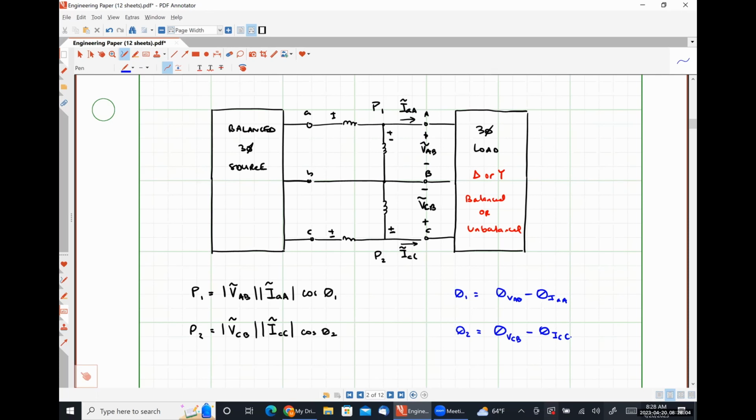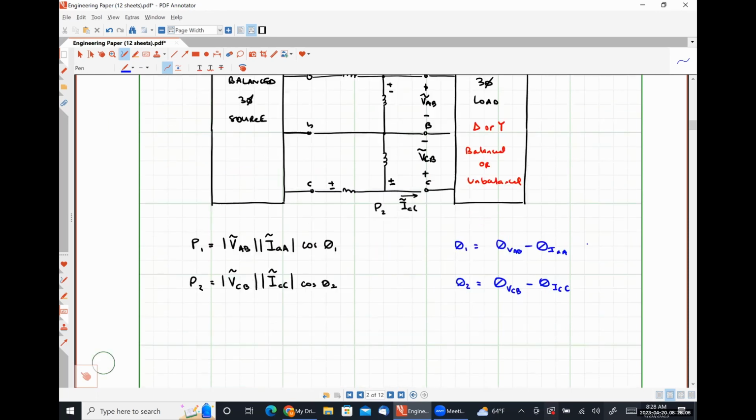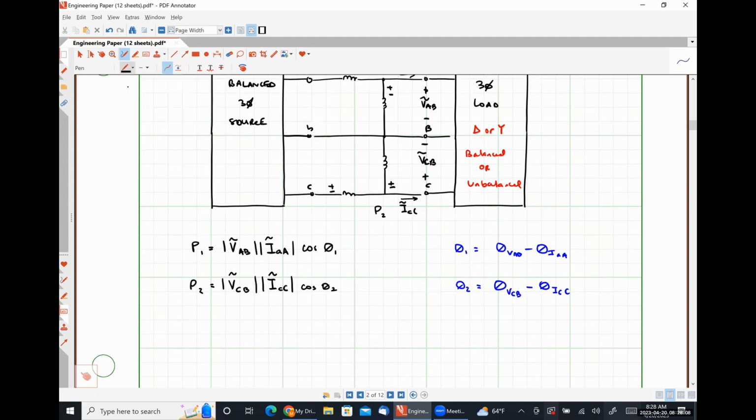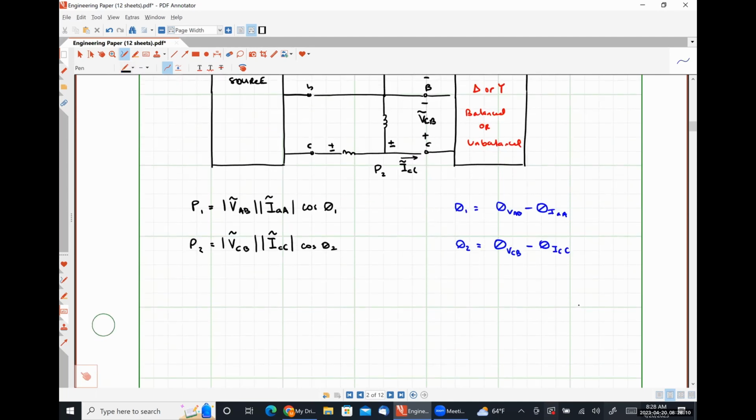So we could rewrite these equations a little bit here. VAB is a line voltage, right? It's a voltage drop measured across the transmission line terminals, so its magnitude is just going to be VL.